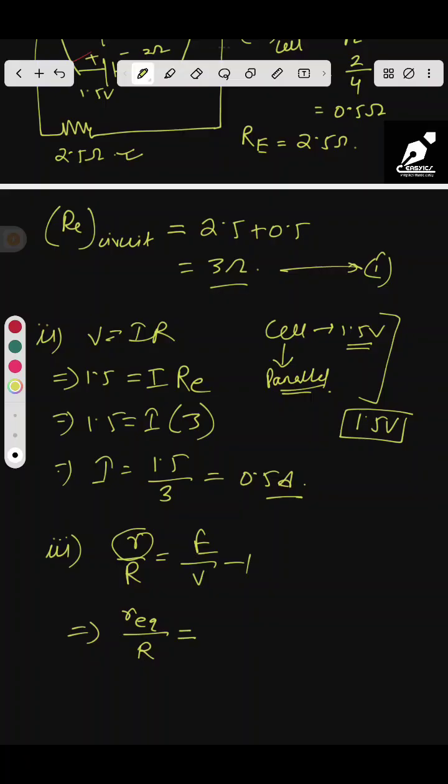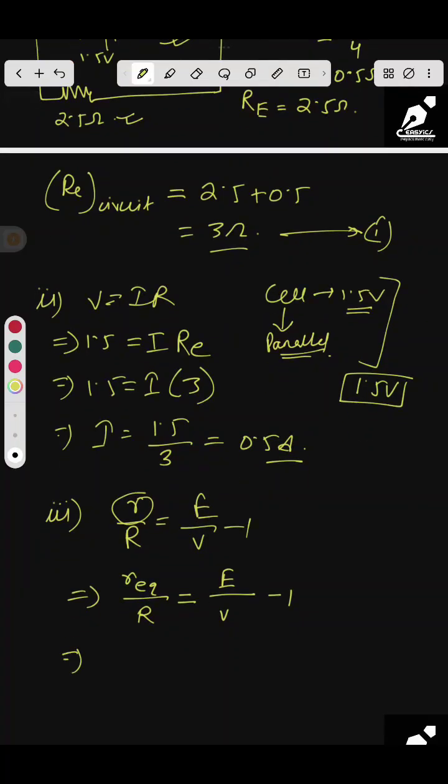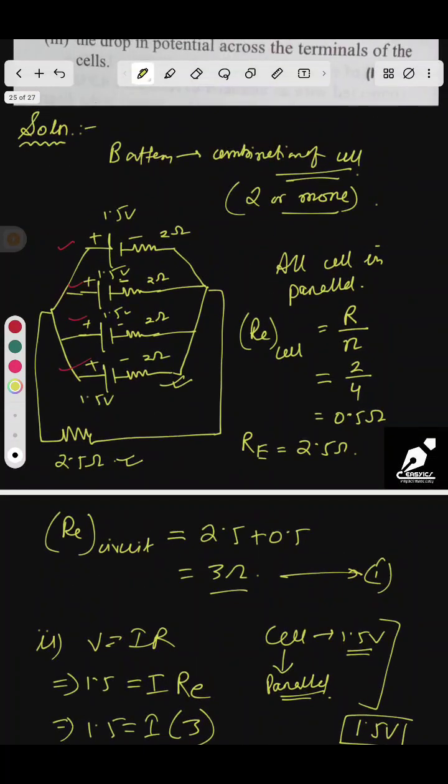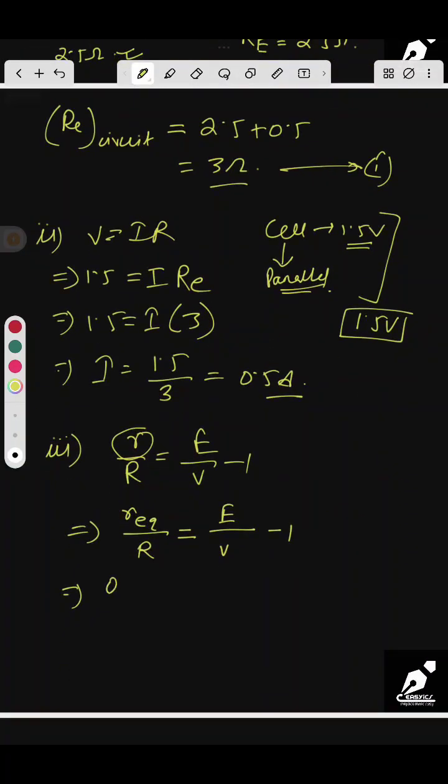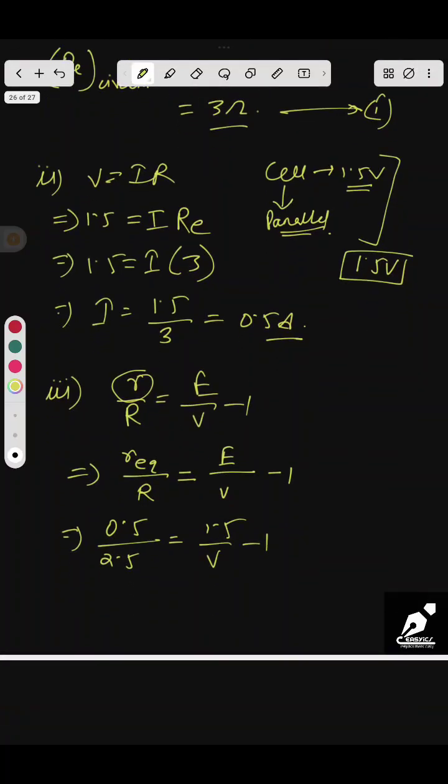And what is the EMF? The EMF of all cells is given as 1.5. So 1.5 stays 1.5 only, minus 1. The internal resistance equivalent is 0.5, and the external resistance is 2.5. Each cell has an EMF of 1.5, over V minus 1. Just solve for it, and that will be the answer.